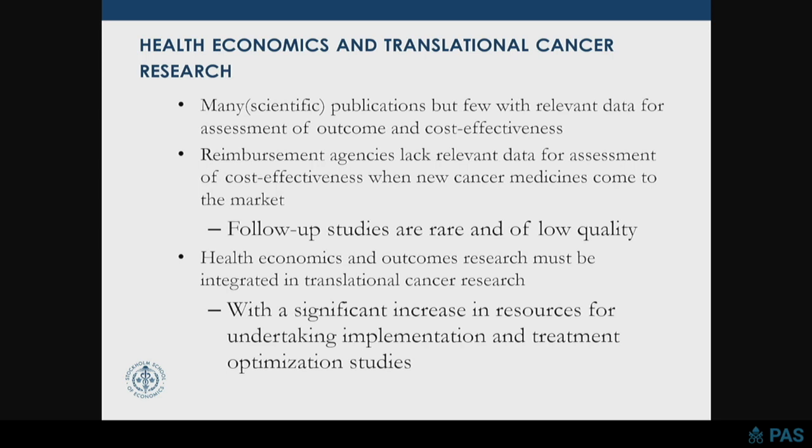And I'm talking about significant. This is several times what we are spending at the moment, because if we are spending 50 billion on new cancer medicines, we at least need to spend 10% of that to find out which ones are the cost effective.